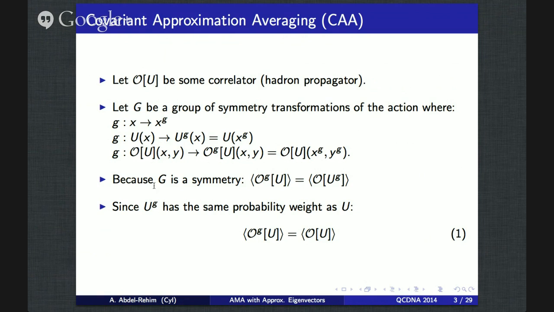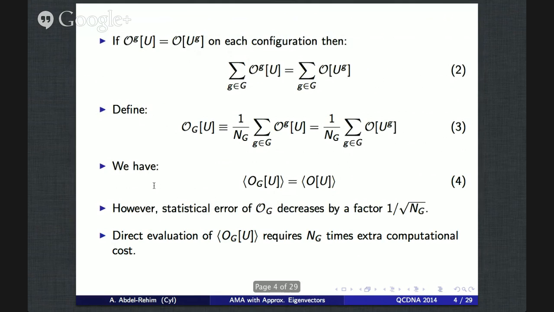Because g is a symmetry, the expectation value of this transformed correlation function is the same as the one computed on the transformed gauge field. And because this transformed gauge configuration has the same probability weight, because the action is invariant, this expectation value is the same as the original one. So it's just simply what I said before.